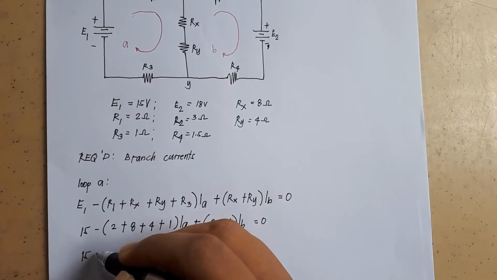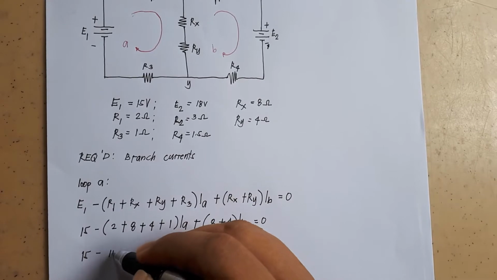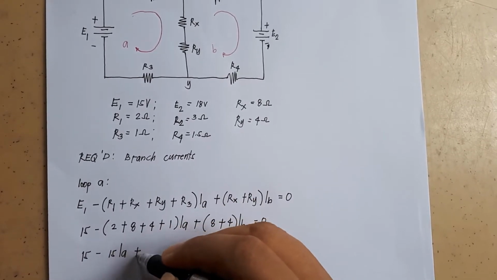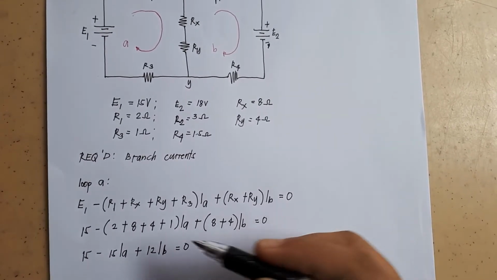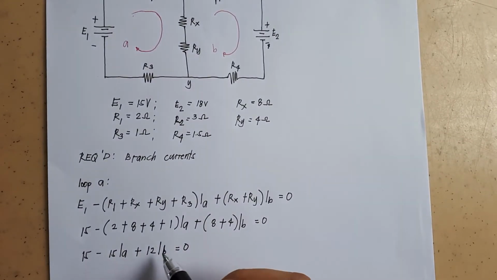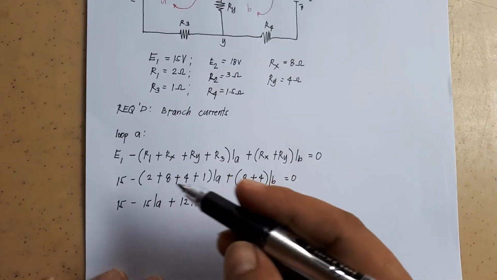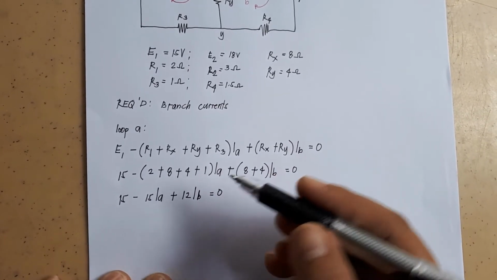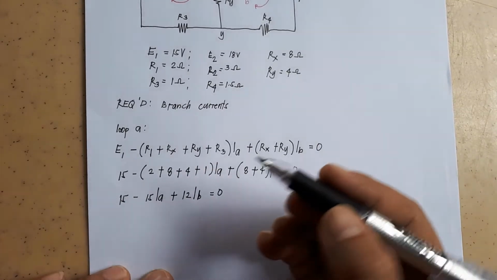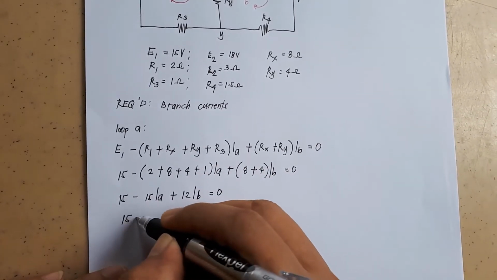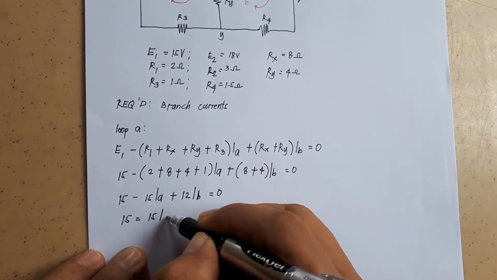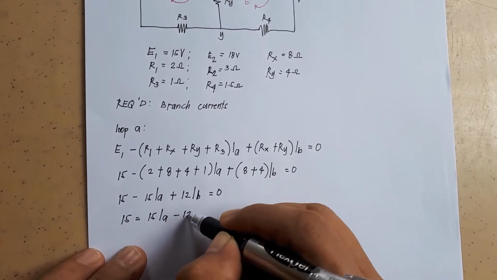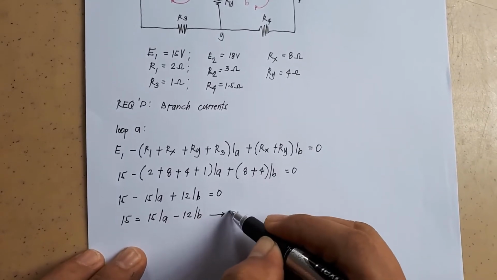When we simplify the values, this turns out to be 15 minus 15 IA plus 12 IB equals 0. Transposing these terms to the other side, so that instead of 0 we have a constant value, we have 15 equals 15 IA minus 12 IB. We name this one equation number 1.